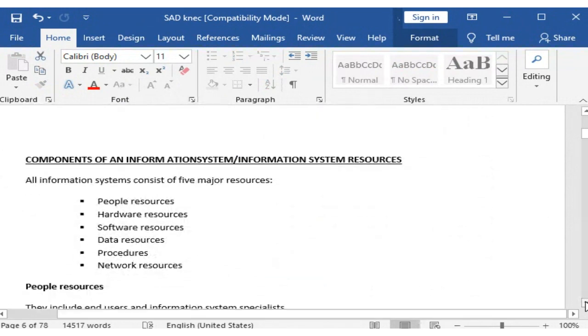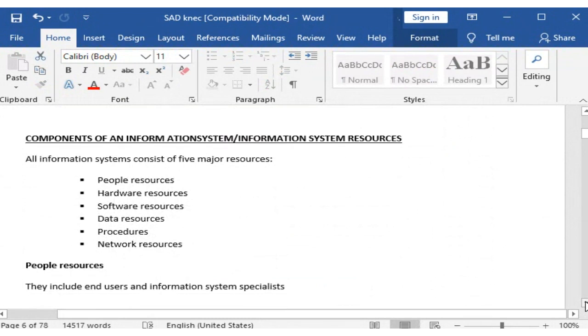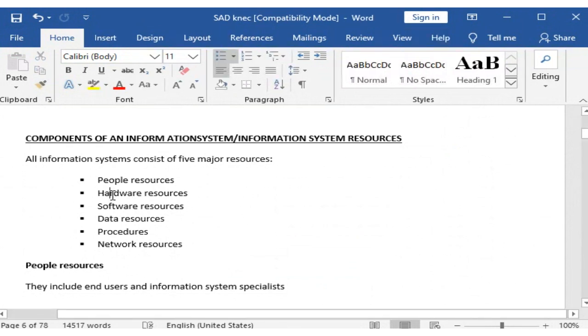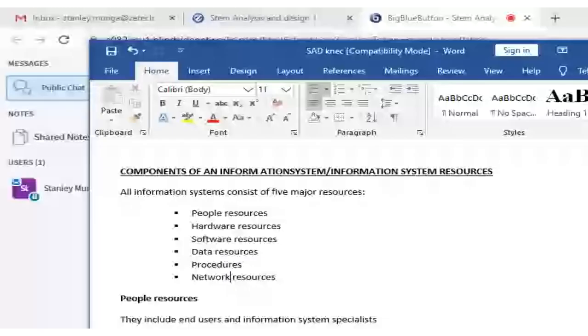Now, components of an information system, or information system resources. An information system consists of five major resources: people resources, hardware resources, software resources, data resources, and network resources. Let us look at people resources.